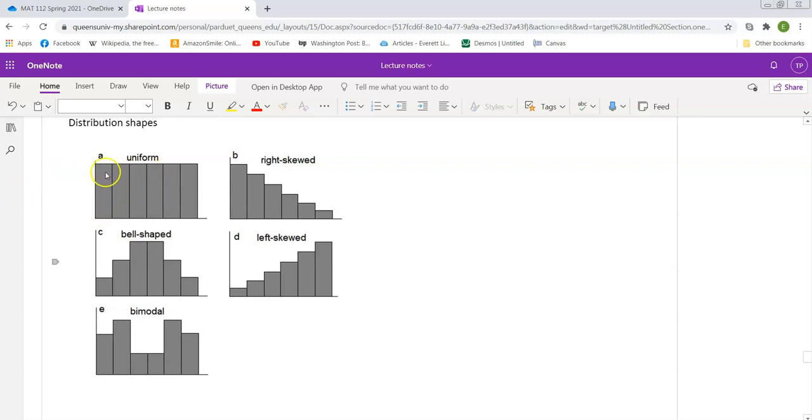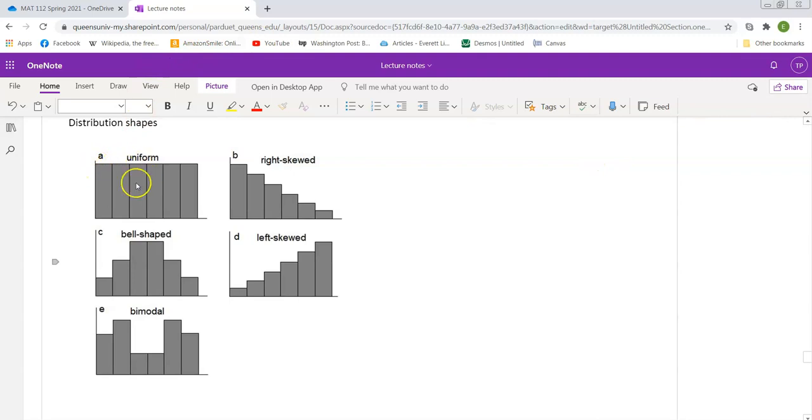Uniform is if all of the categories are about the same height. And when I say categories, I mean your numeric data, because there's no such thing as a distribution shape for qualitative data, only for quantitative.